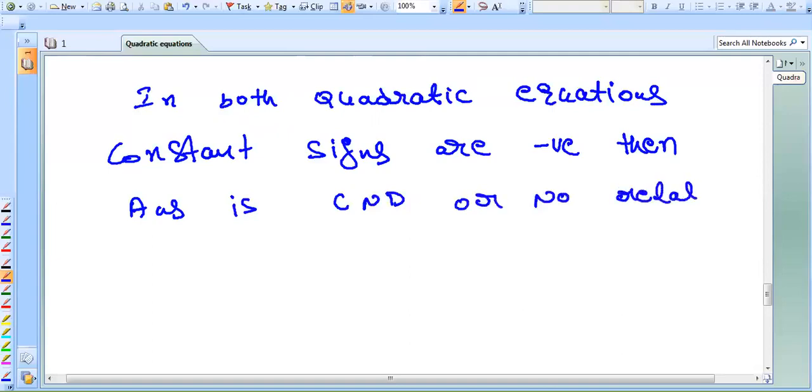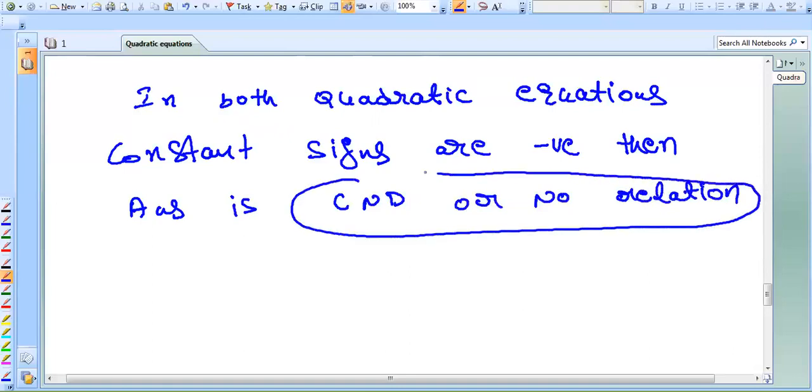Without solving the question itself, you can say that cannot be determined or no relation. In only one case, that is when both constant signs are negative. In that case only you can do it by seeing the question. Choose cannot be determined as the answer.